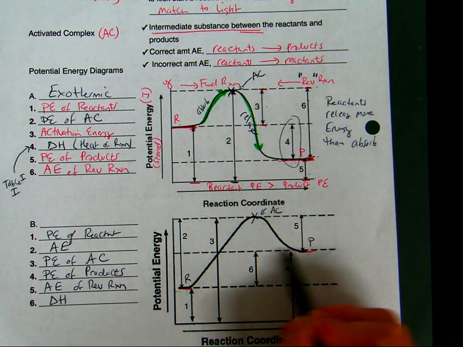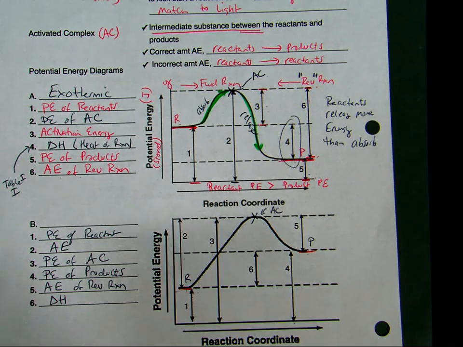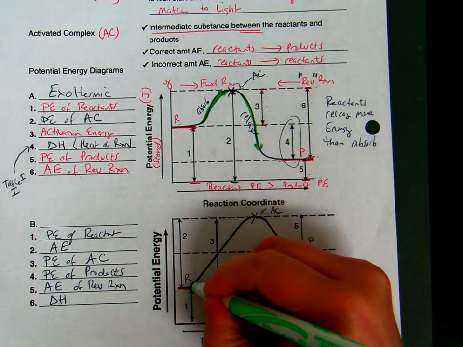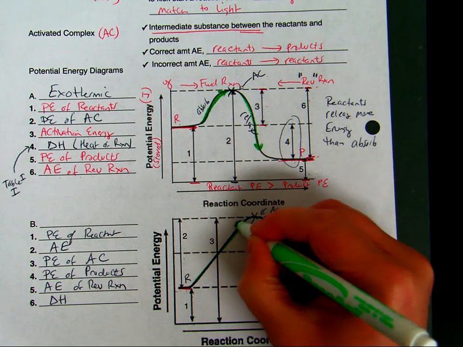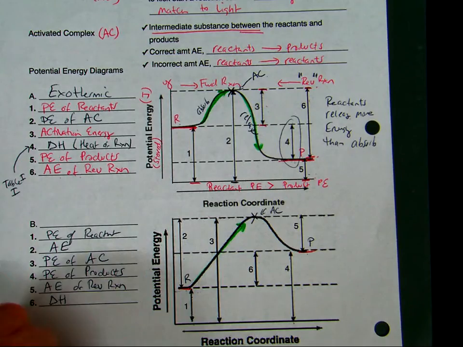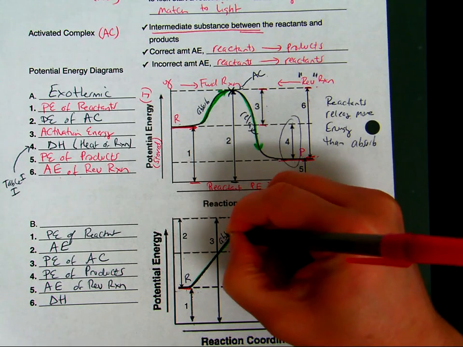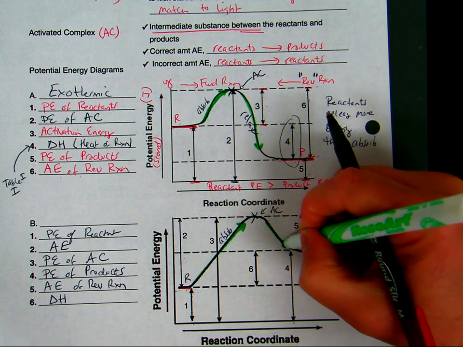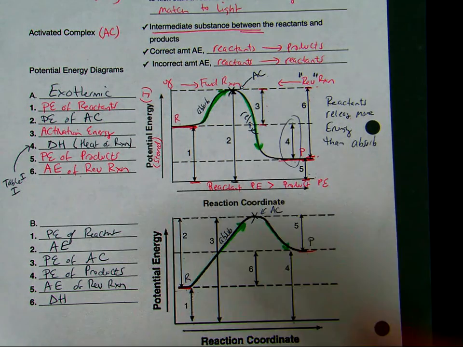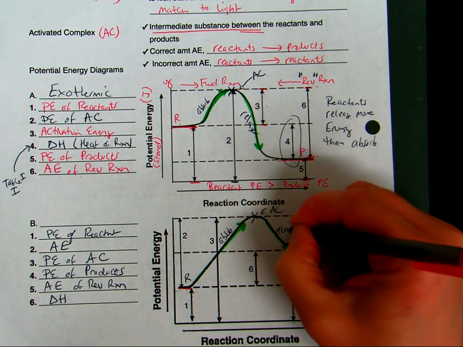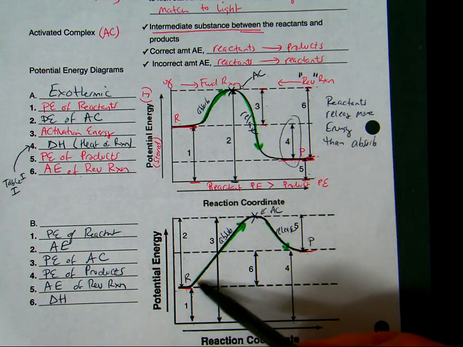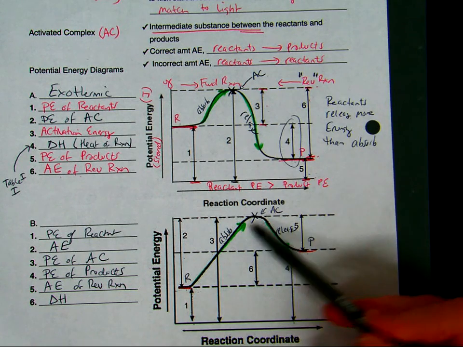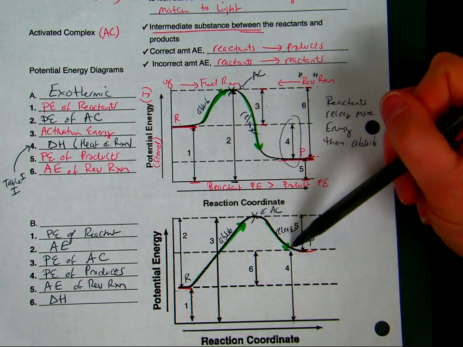Reactants here, products here. And if you take a look at the hill, of course, the reactants leave their platform, you're going up the hill, so that means that they need to absorb energy, and then when they reach the peak of the hill and head towards the products going downhill, they are releasing. But in this case, the absorption side of the hill is much larger or longer than the release.